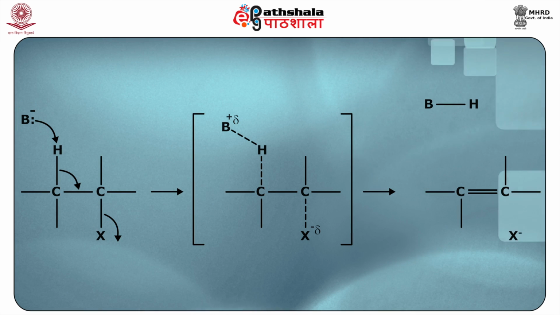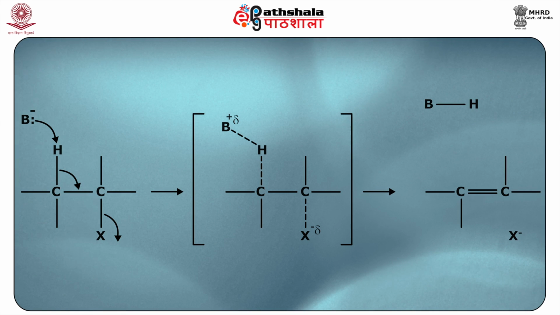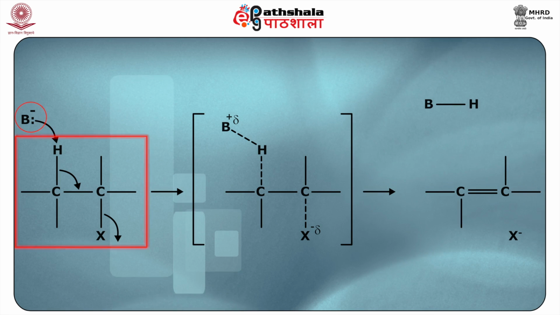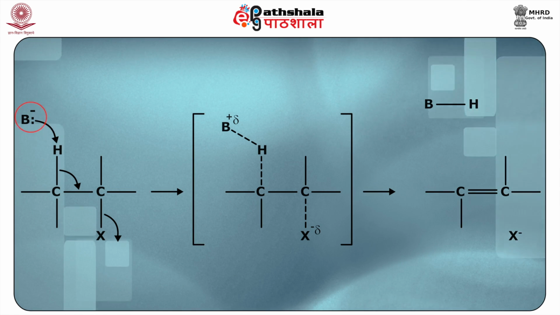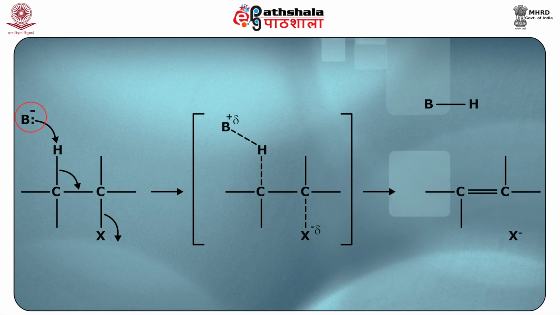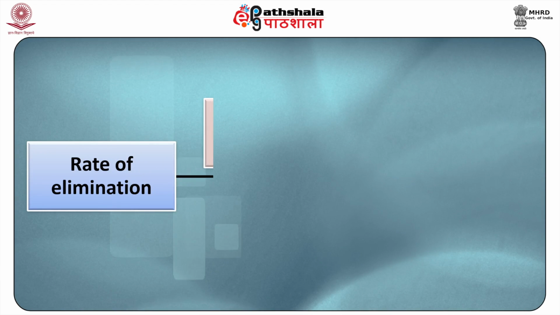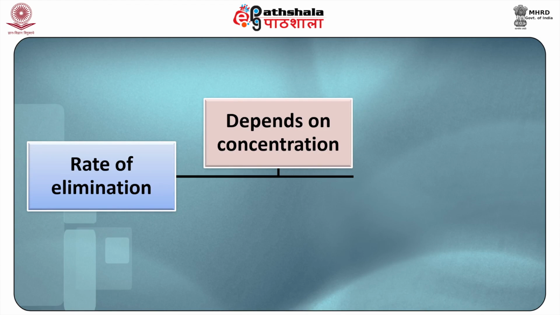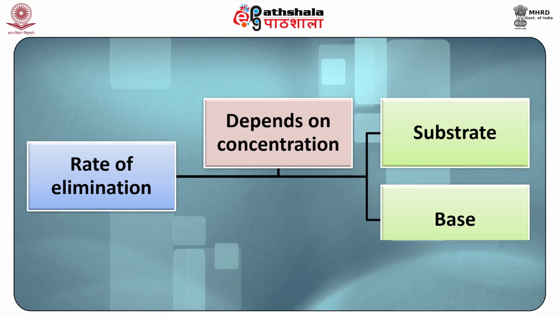This mechanism of the reaction can be represented as shown in the following scheme, wherein an alkyl halide is attacked by a base. The base abstracts a proton from the diagonally opposite side from which the leaving group is departing. The rate of elimination here depends on the concentration of both the base and the substrate, which is your alkyl halide.